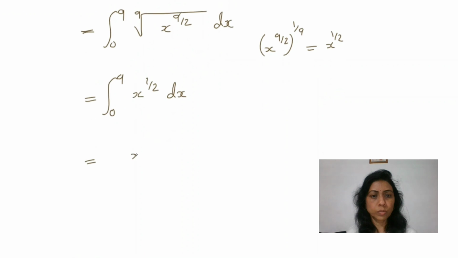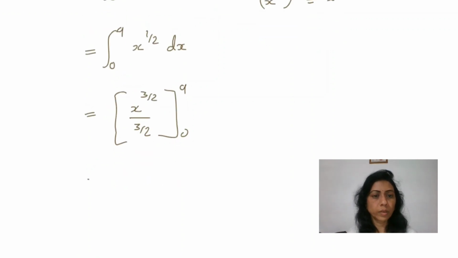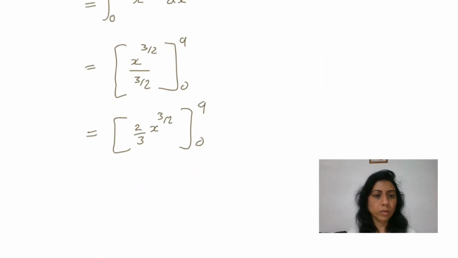So x to the power 1 upon 2 plus 1 is 3 upon 2, and here 3 upon 2, from 0 to 9. Then we can write it like this: 2 upon 3 x to the power 3 upon 2, from 0 to 9, or we can write 2 upon 3 outside.